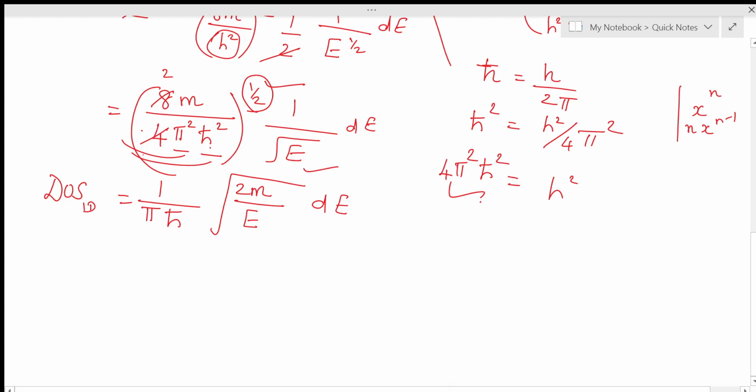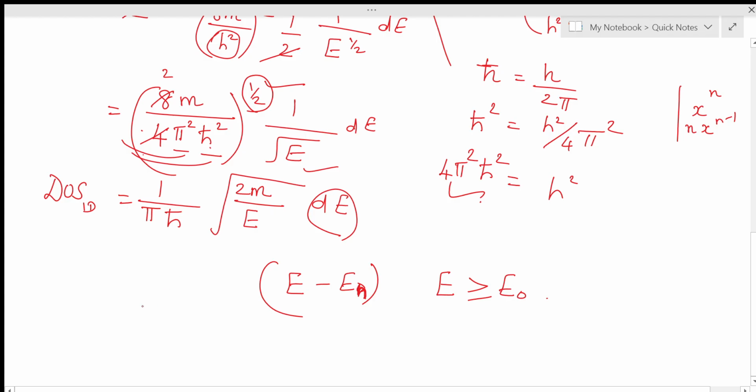Therefore, here this energy interval dE is E minus E naught, where E should be greater than or equal to E naught.